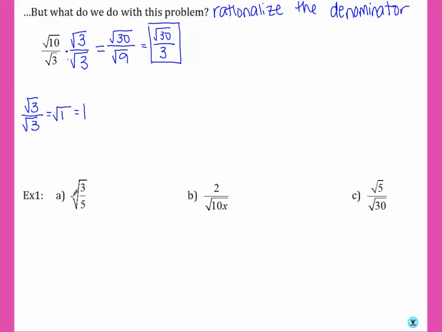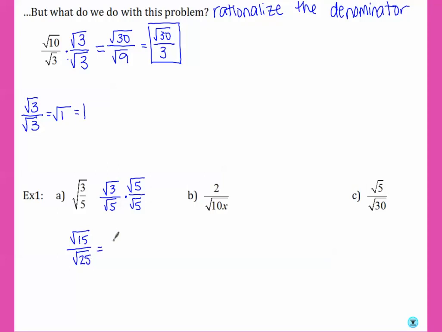So if we have the square root of 3 over 5, that would be the square root of 3 over the square root of 5. But we can't have the square root of 5 in the denominator, so we multiply top and bottom by the square root of 5. We get the square root of 15 over the square root of 25.